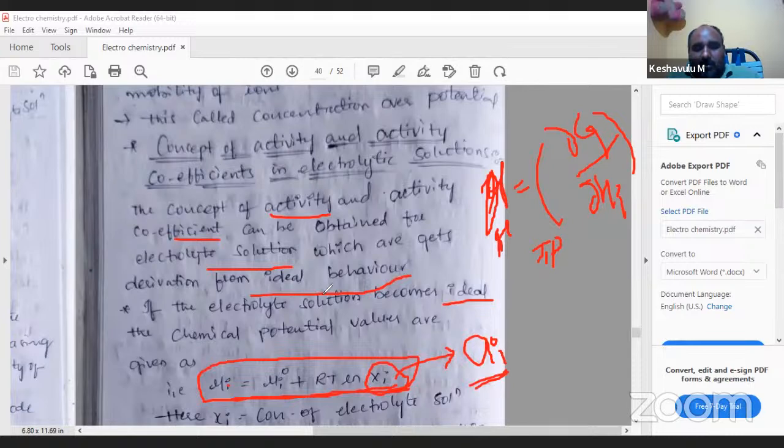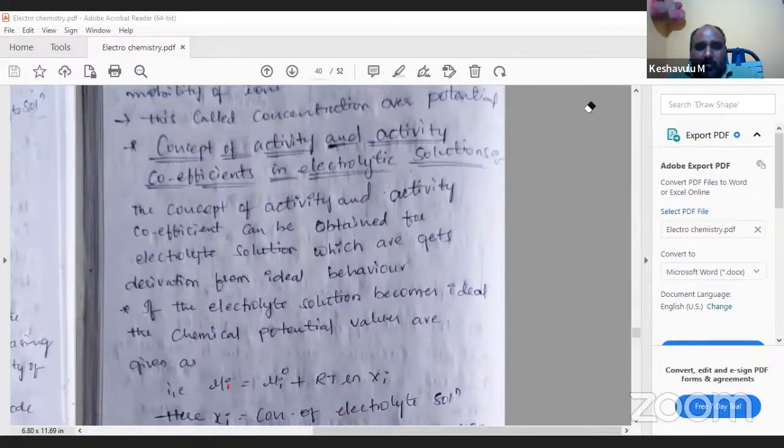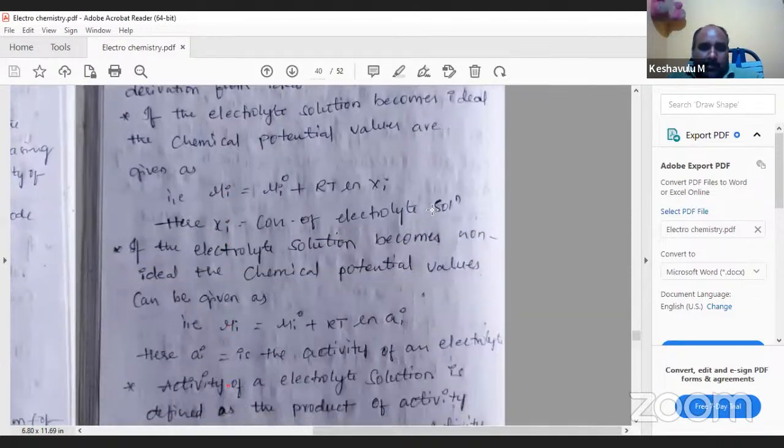So with the help of this activity and activity coefficient, and also the mean ionic activity, all of that should be determined with the help of the Debye-Hückel theory, right?